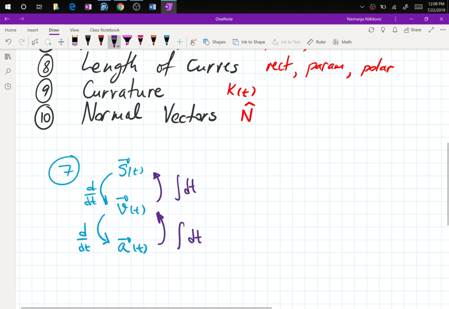So in the past, I like to give the velocity, and then you have to integrate one way, differentiate the other way. But I can change that. At least the exam is tomorrow, so I have plenty of time.